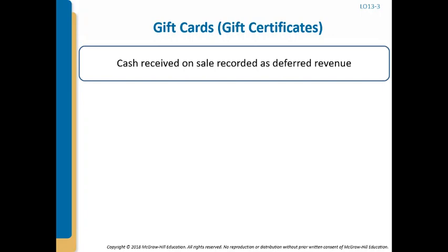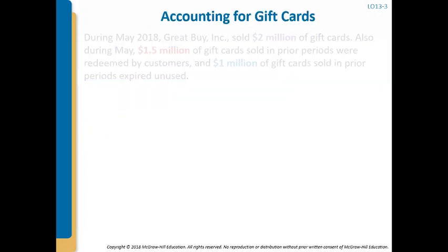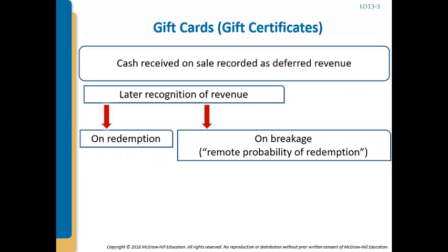Also, as far as gift cards are received, cash received on the sale is recorded as deferred revenue and then recognized as one of two things happens. Redemption of the gift card is the usual thing that happens, and so when a gift card is redeemed, the company who sold it is going to recognize revenue.